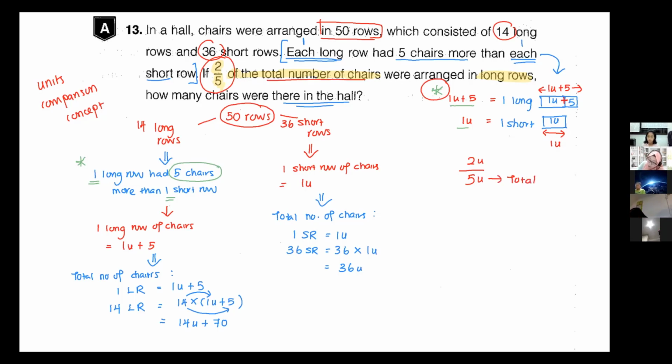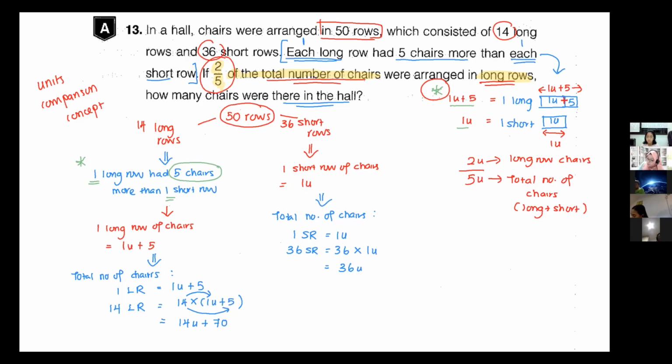Total number of chairs. So total number of chairs means it's long plus my short row chairs. However, my 2 units only refer to my long row of chairs. So this is long row chairs.